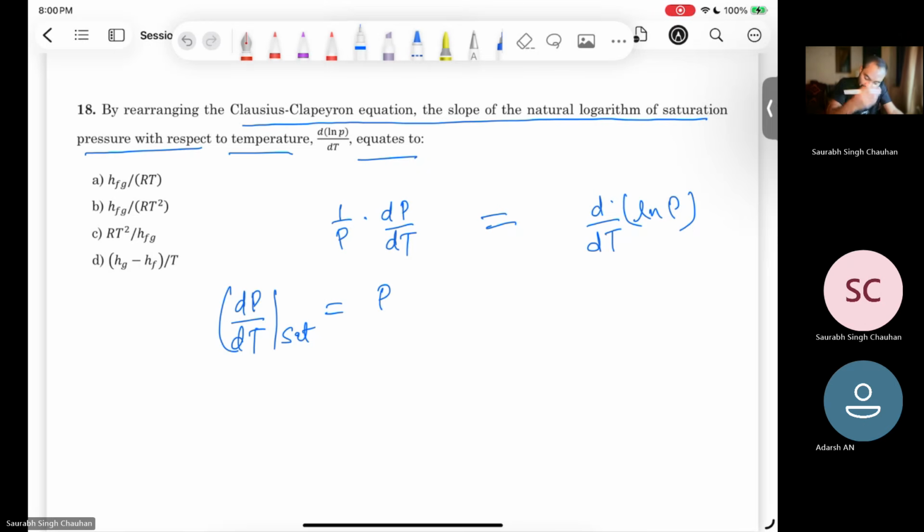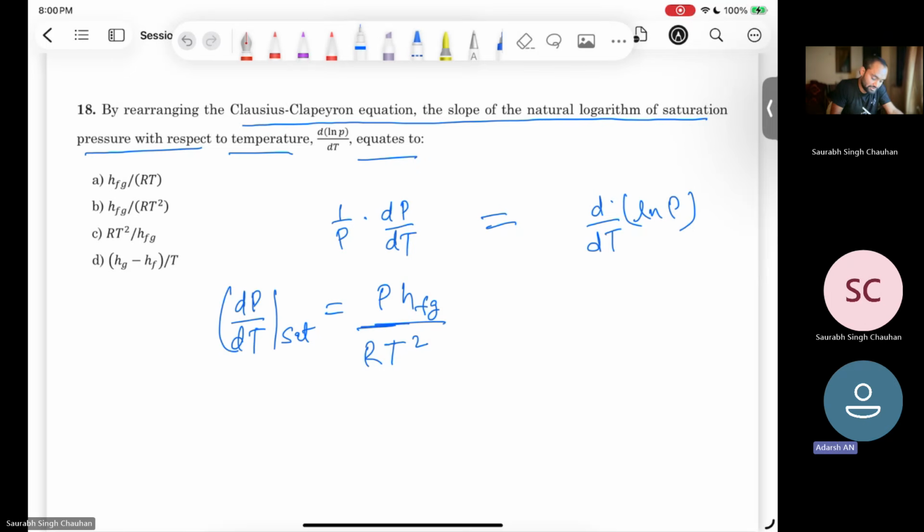I'm not writing the final step, I am starting from here, from this RT square. This is after using the ideal gas equation.